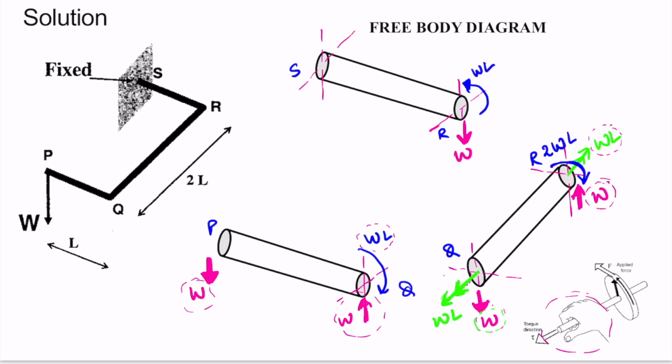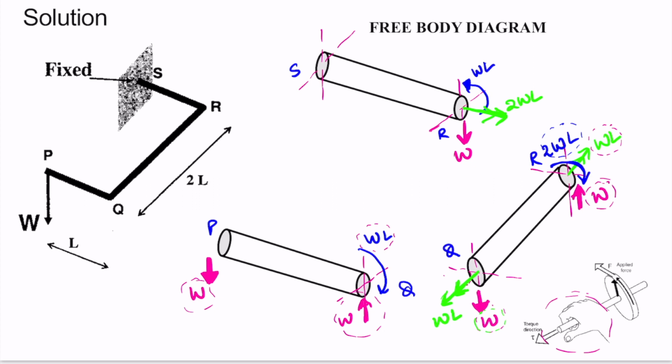There is a bending moment 2WL, which is bending moment for member QR, and it is in clockwise direction. Therefore, for member SR it will become a torque in anti-clockwise direction. Torque in anti-clockwise direction means, according to the right hand thumb rule, in outward direction. So it will be an outward directing torque having magnitude of 2WL.